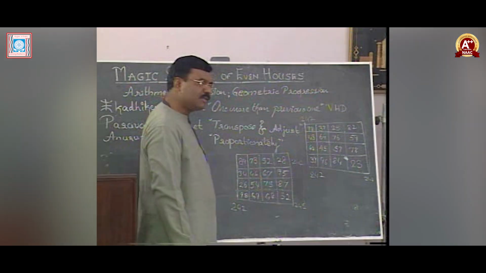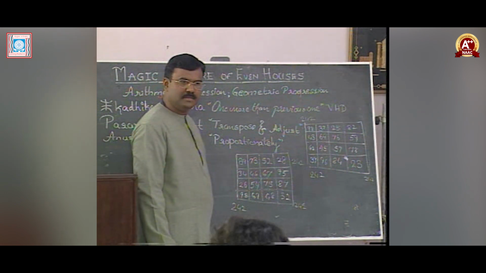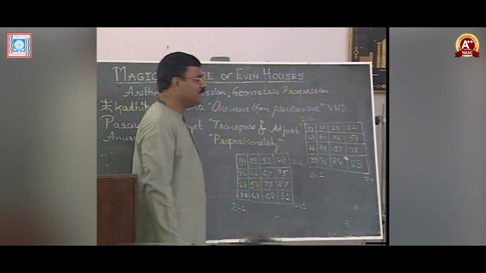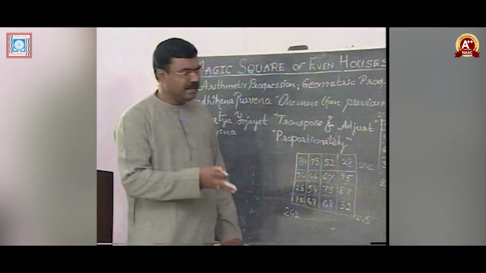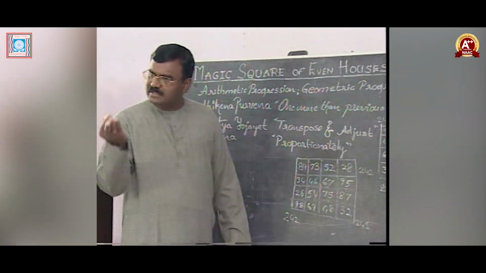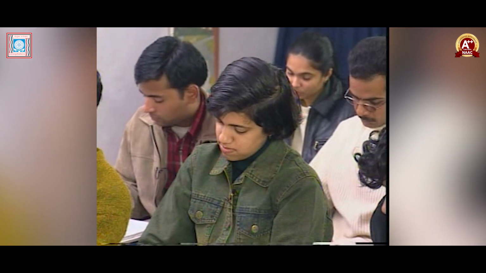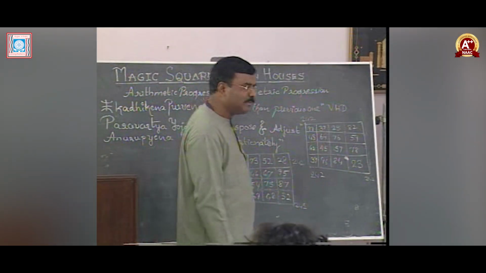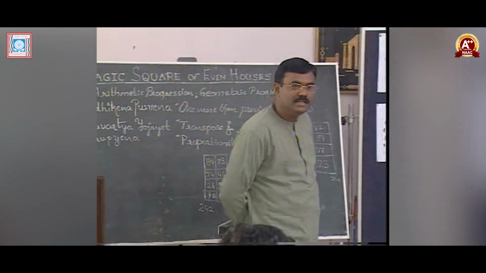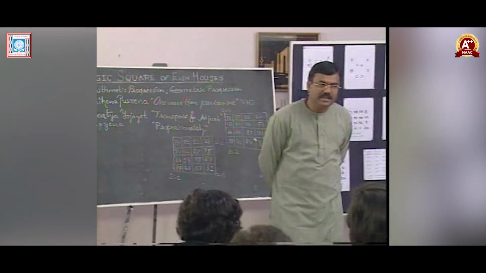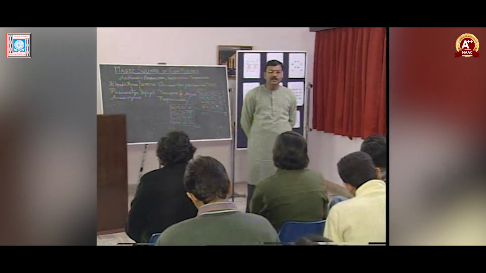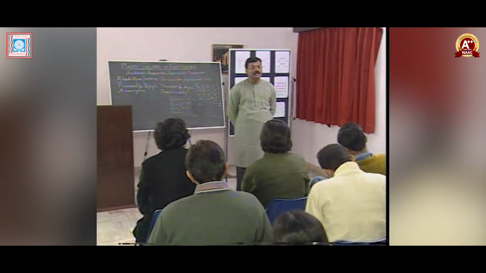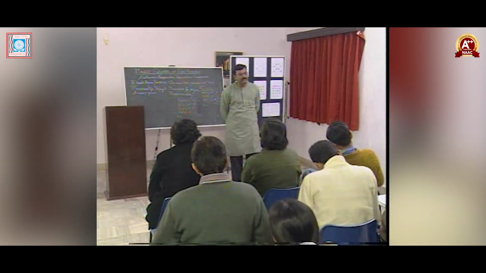This is nothing but the mirror magic square, because you replaced wherever 9 is there, 9 and 8, wherever 3, 7, 7, 3. That means you learned today the arithmetical progression as well as the geometrical progression and the filling of these numbers into the magic square of even order, that is the 4 by 4.